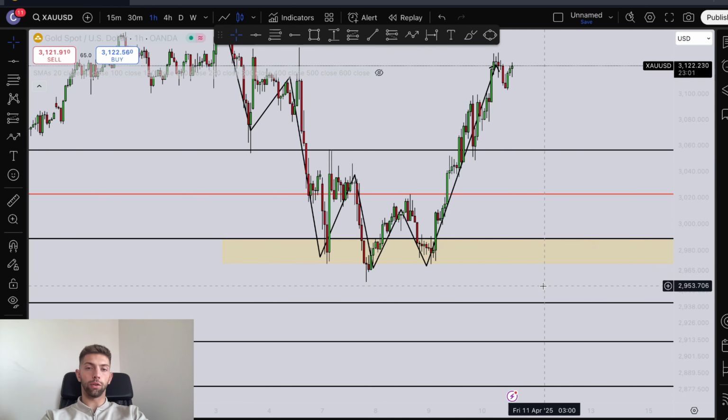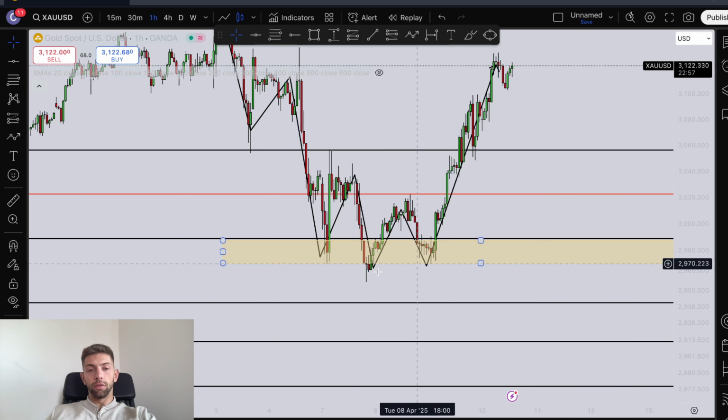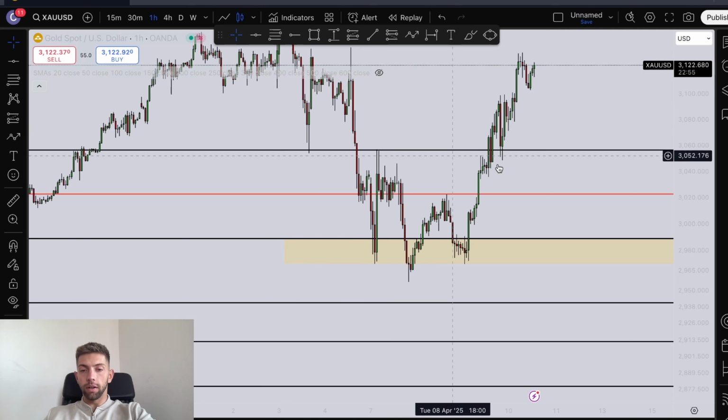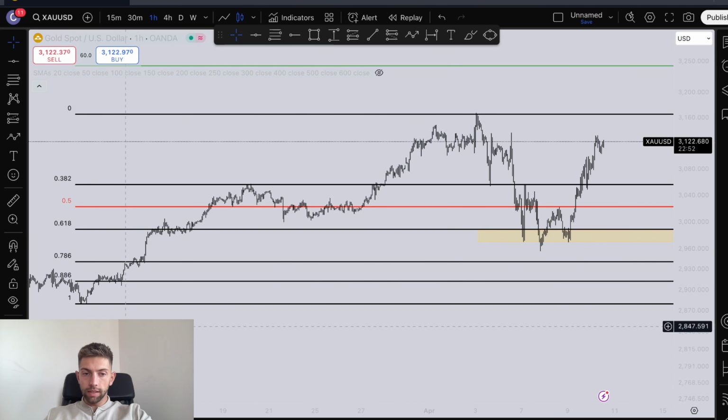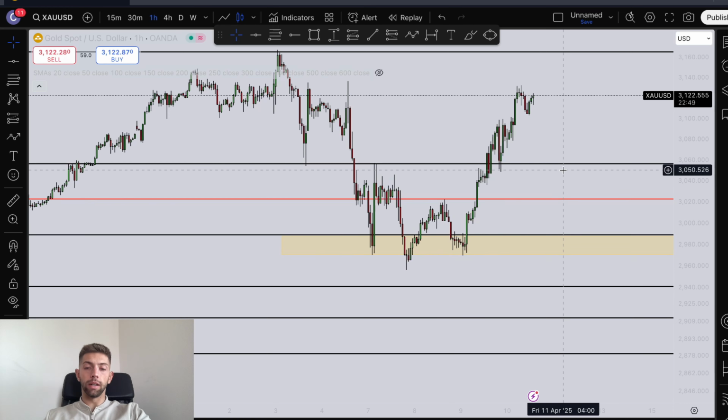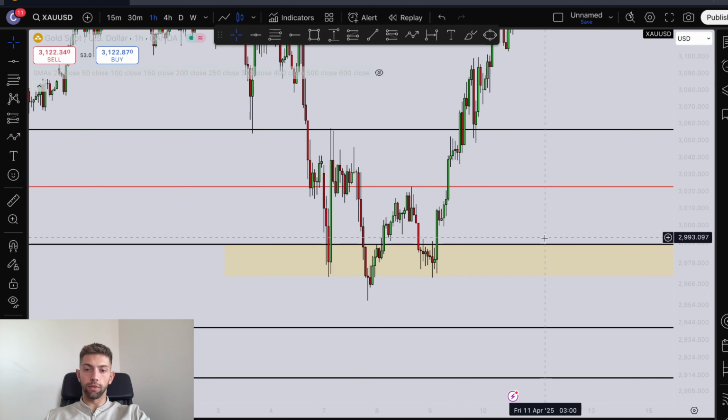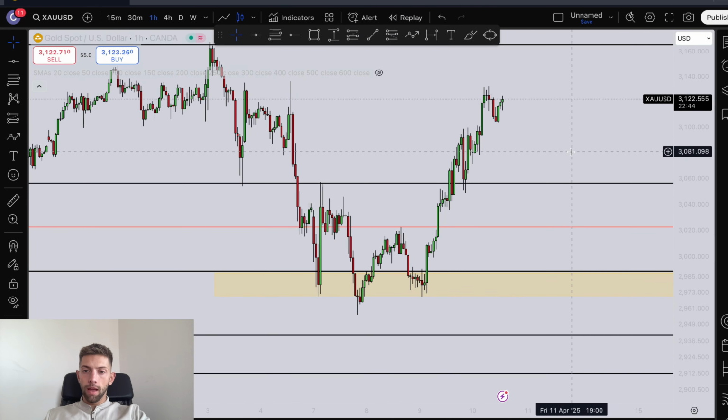Price needs to break that structure on the lower time frames to go with the bigger picture. On the bigger picture, this is my push and this is my pullback. But I don't want to hop in the trade immediately. I want to wait for the lower time frame structure shift, which happened right here.